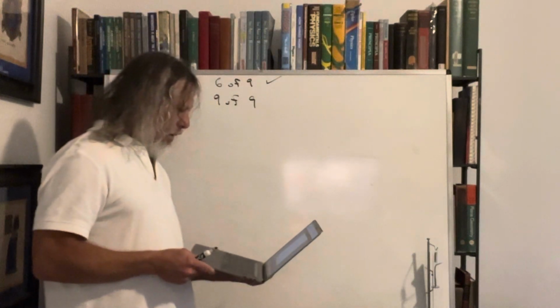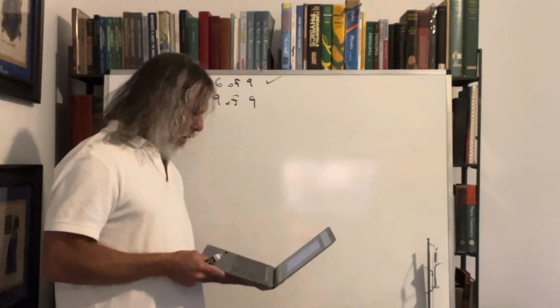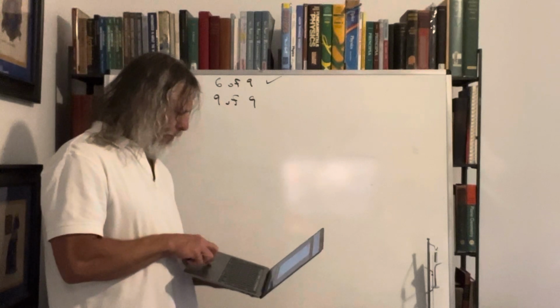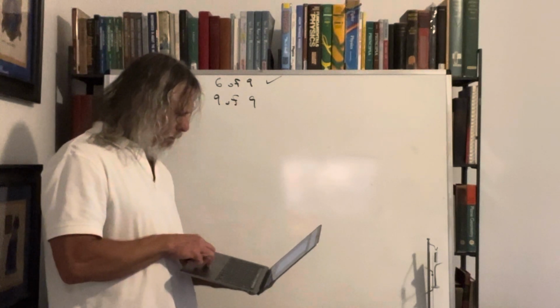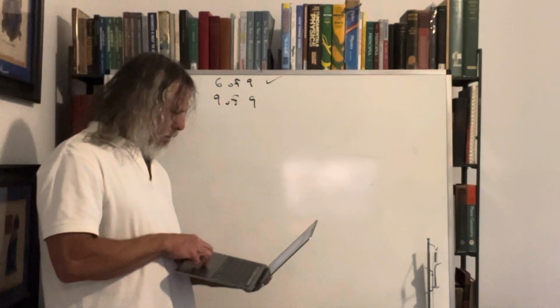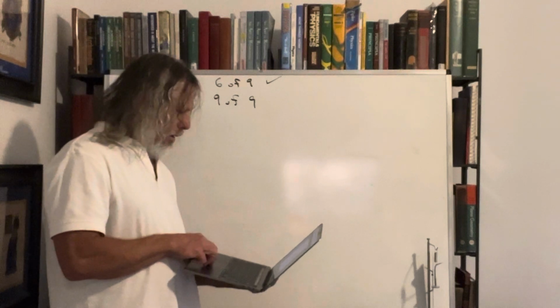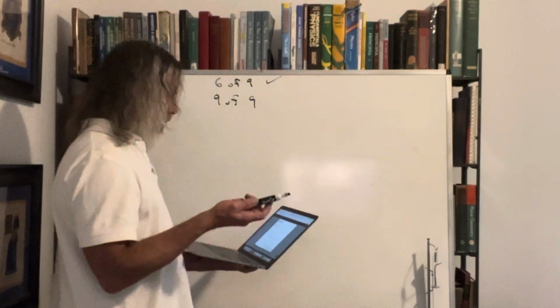A ball is thrown with initial velocity of 23.1 meters per second, 30-degree angle. We got to get a new angle. Okay, so that's a tough one. That's why it's here.